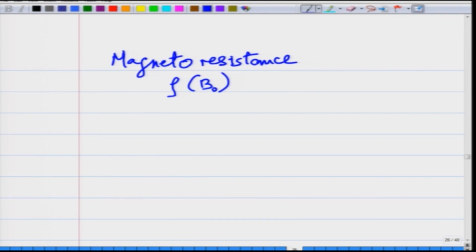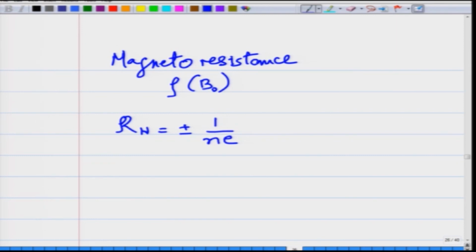Another drawback of Drude's model is RH. One would have expected, Drude said that there are only negative charge carriers inside the metal, and those are the only possible charge carriers inside the metal.